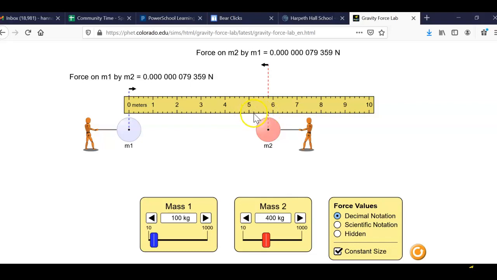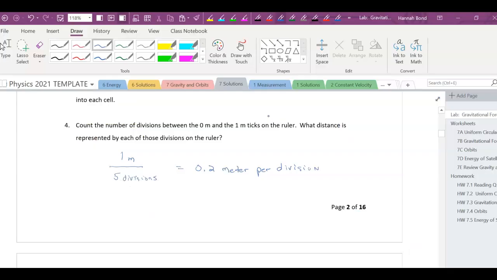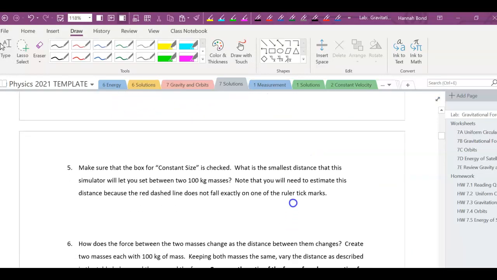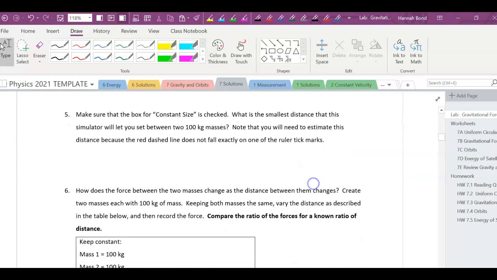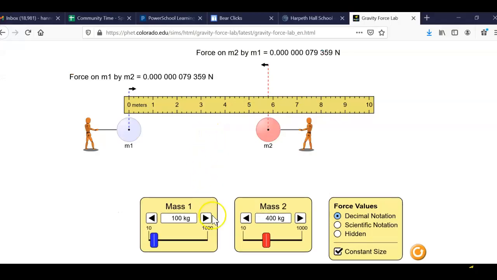So here would be 5.2, 5.4, 5.6, 5.8. Okay, so I understand now that each one of those divisions represents 0.2 meters. Okay, let's figure out what is the smallest distance that this simulator will let you set between two 100 kilogram masses. So I'm going to make each of them 100 kilograms.